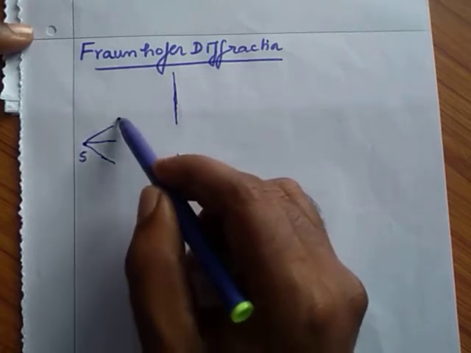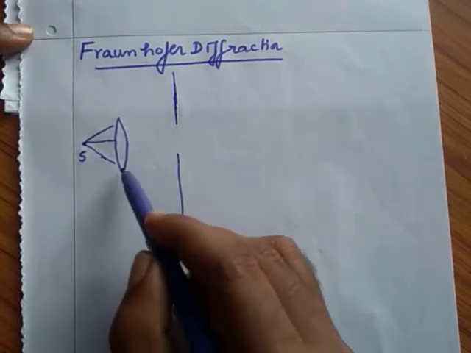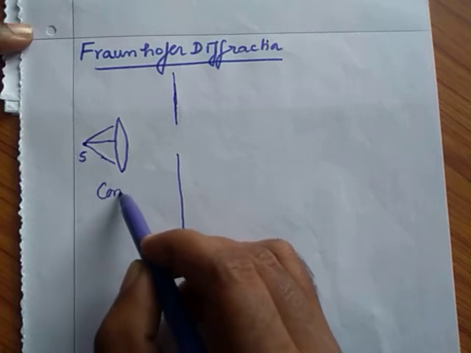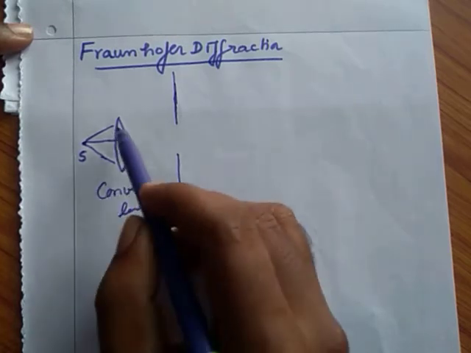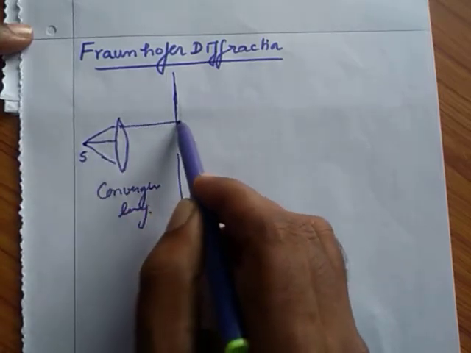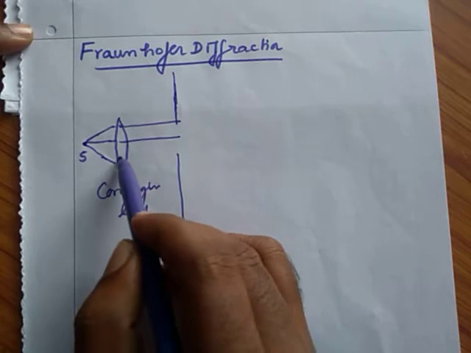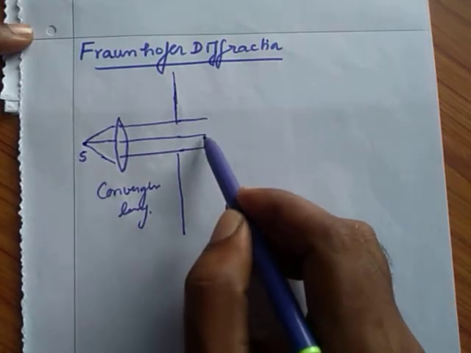In order to get a plane wavefront, he places a converging lens. We know the converging lens makes the rays parallel. Here this is a plane wavefront.